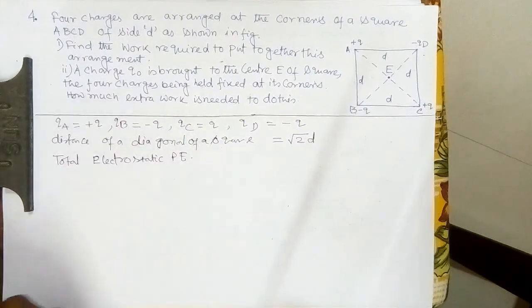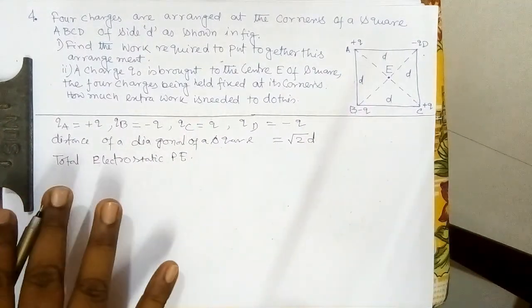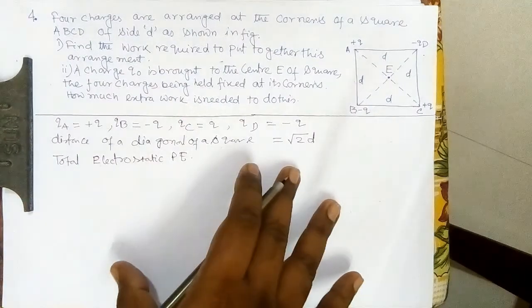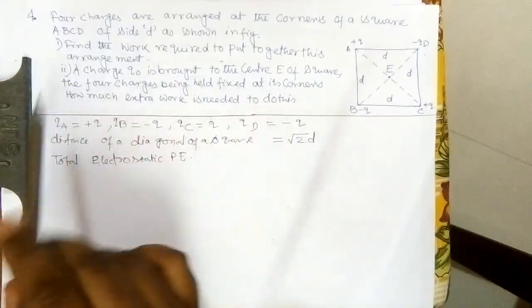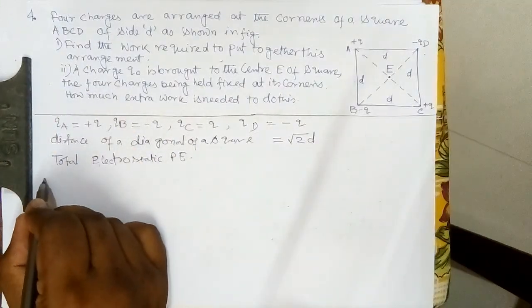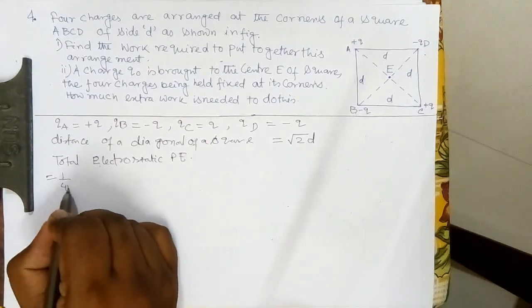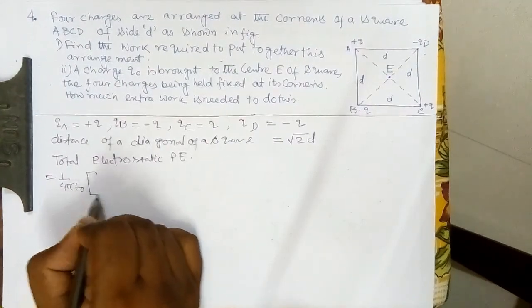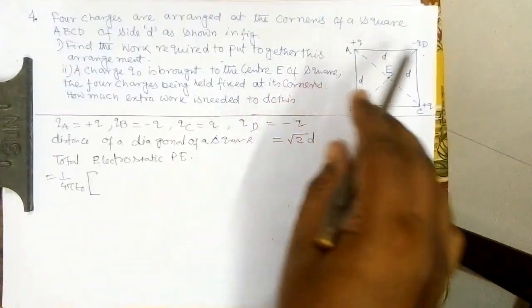Okay, see, before writing, there is one way we have to do things. What is the way? Let's see. Four charges are there. Whenever I take the first charge, that is QA, assume no other charge is there.